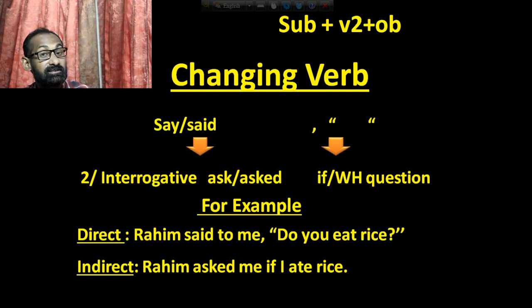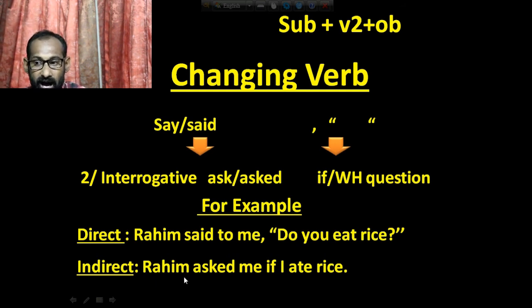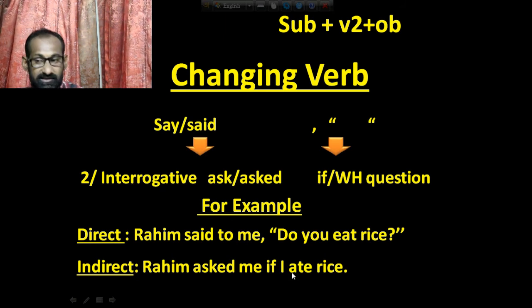And if the sentence starts with a WH question, then you have to use the WH question, and the next part will be subject plus verb 2 plus object. Here is the example. Okay, that means Rohim asked me if, then I ate rice. Here me will be the object. Okay, and I have used I instead of me.